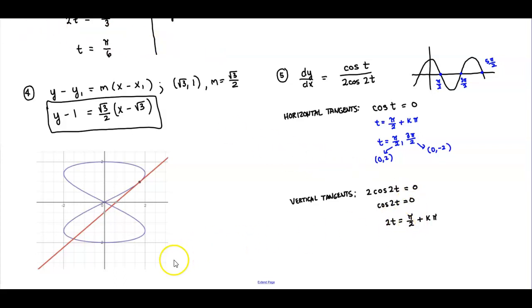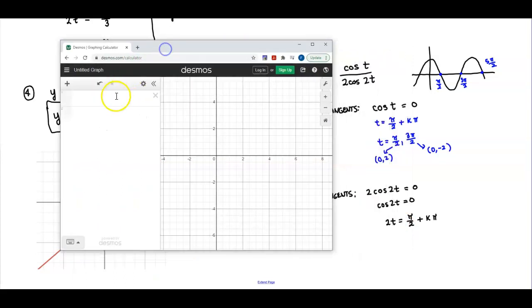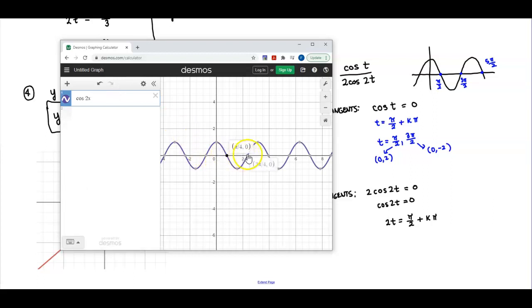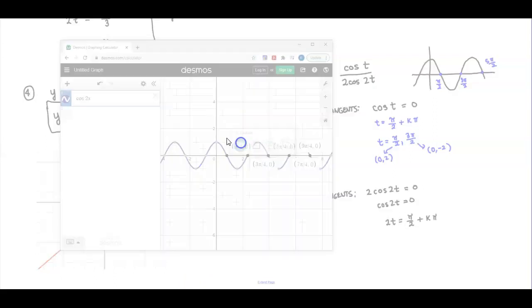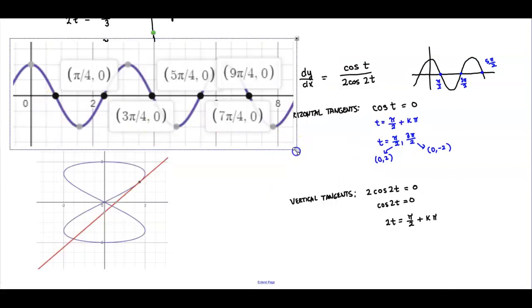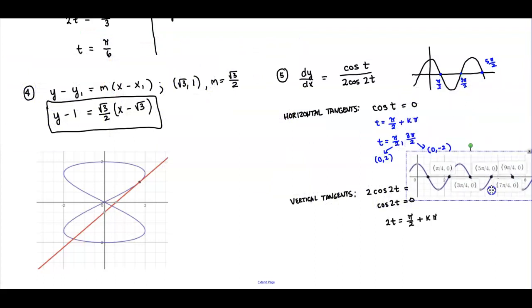And so let's take a look at that graph. If we want to graph cosine of 2x on here, let's just see what it looks like. Cosine of 2x. Okay, we have pi over 4, 3 pi over 4, 5 pi over 4, 7 pi over 4, and then it becomes 9 pi over 4. So let me go ahead and copy that. Very similar to what we just did in the previous example with our graph up here.